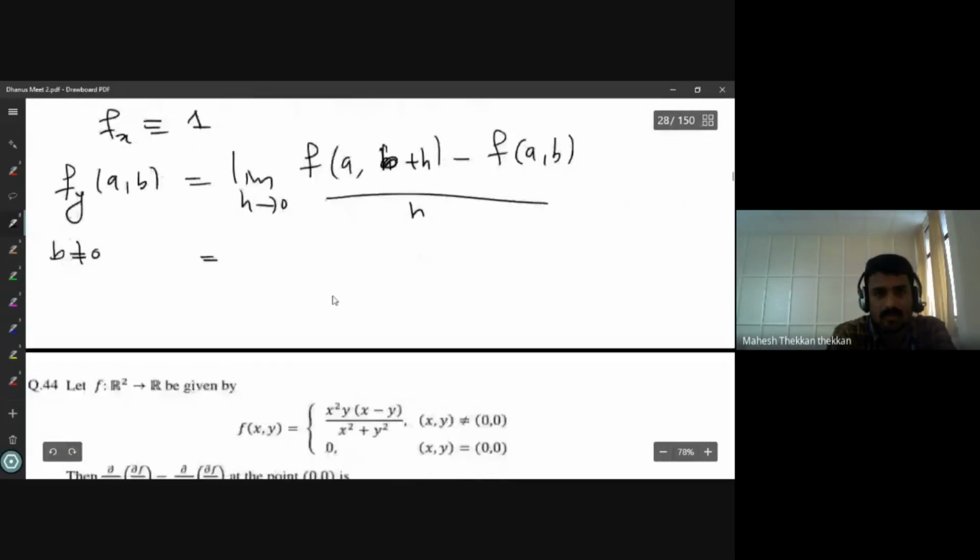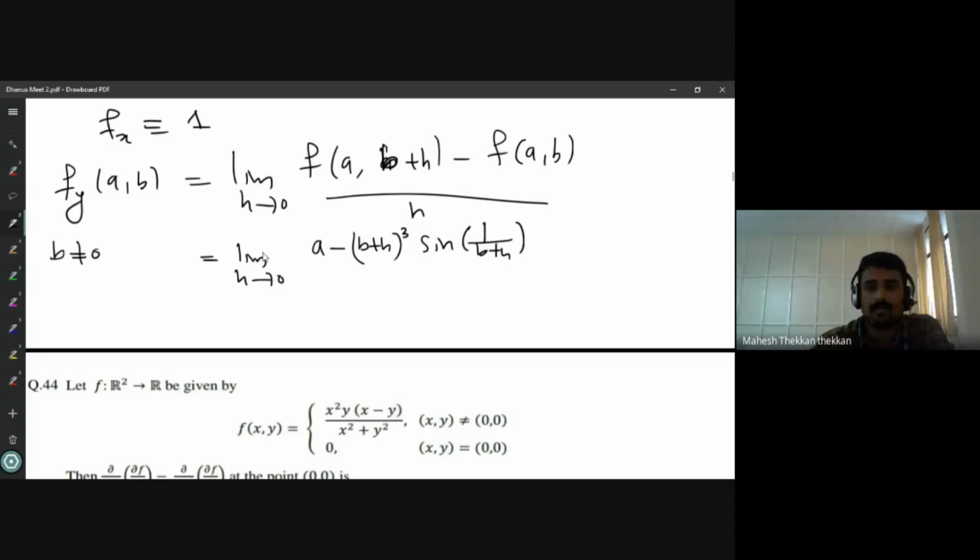So again you have the limit h tends to 0 of a minus (b+h) cube sine 1 by (b+h), minus a b.